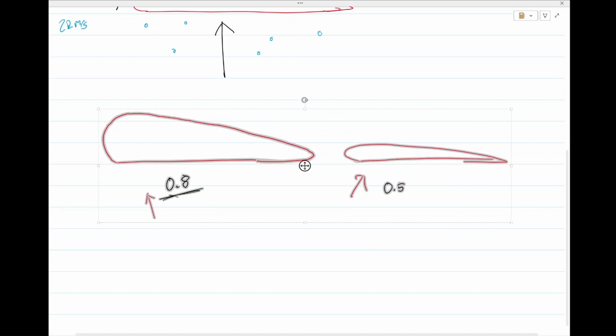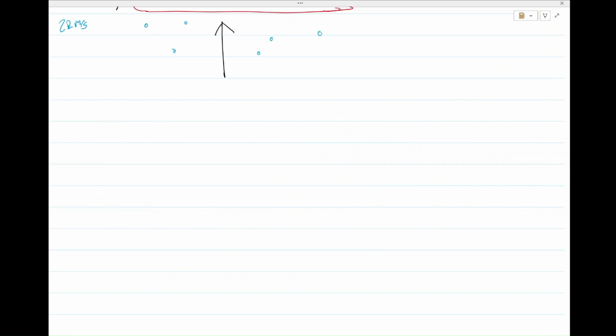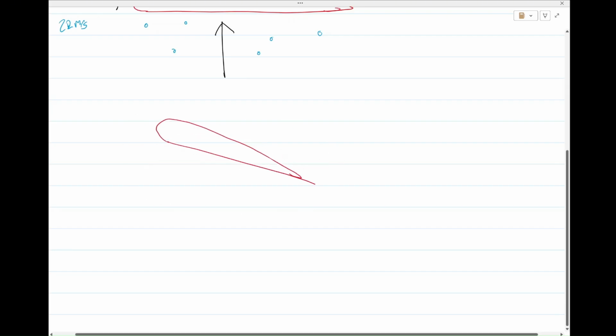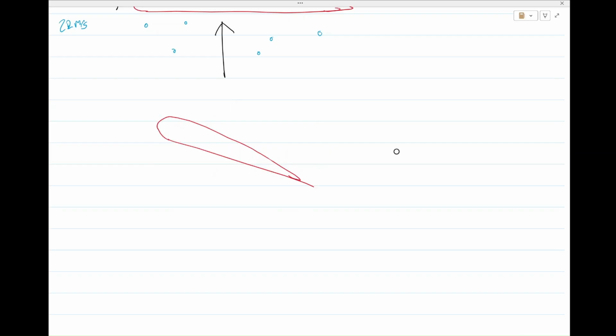Now let's just pick a standard airfoil, something in between. And let's say we were to pitch it up, right? You apply some elevator and your aircraft pitches up. Now, you're still going this way. The wind is still coming at you this way. It's all about relative wind.